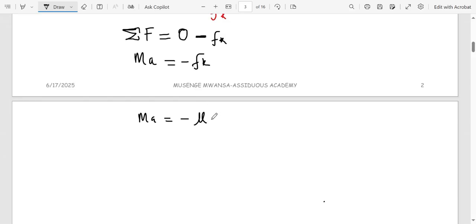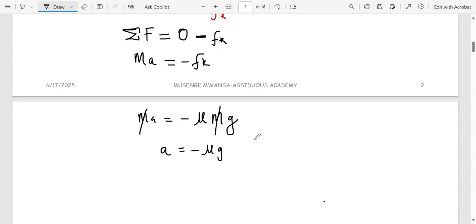And normal force is given by mass times gravity. But remember, this is the total mass times gravity. Since I'm saying this is total mass, even this mass here is the total mass. So those two will cancel out. The acceleration is going to be equal to negative mu g.